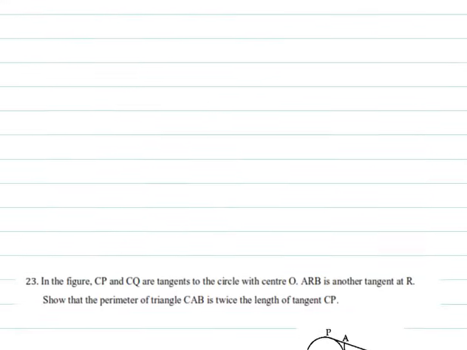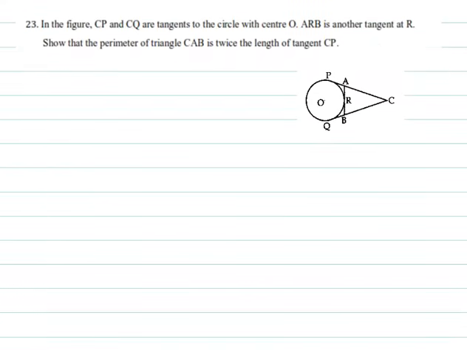Now I'm moving on to question number 23. In the given figure, CP and CQ are the tangents to the circle with center O. ARB is another tangent at R, so that the perimeter of triangle CAB is twice the length of CP. Before taking this problem, you can see that from A, a pair of tangents is drawn here.